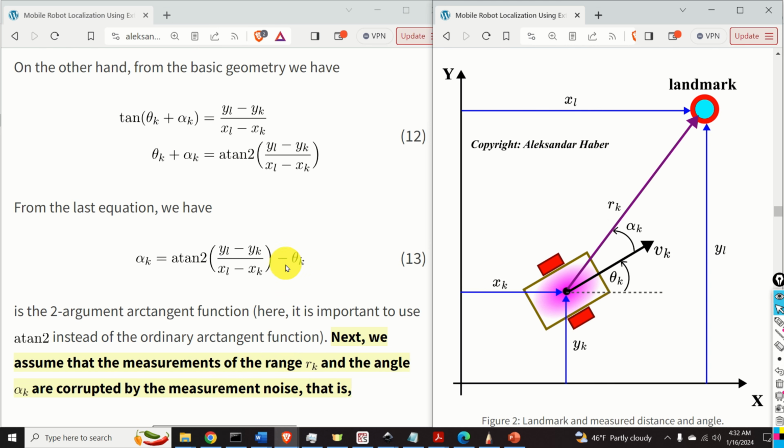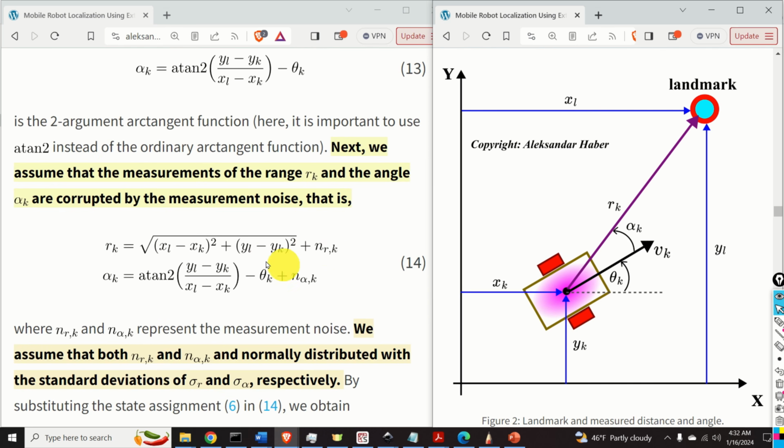Next, we assume that the measurements of the range rk and the angle alpha k are corrupted by measurement noise. That is, we assume that the measurement equation is not only rk equal to the square root, but instead we have this noise term over here. Similarly, for the measurement of alpha k, we have a noise term over here.